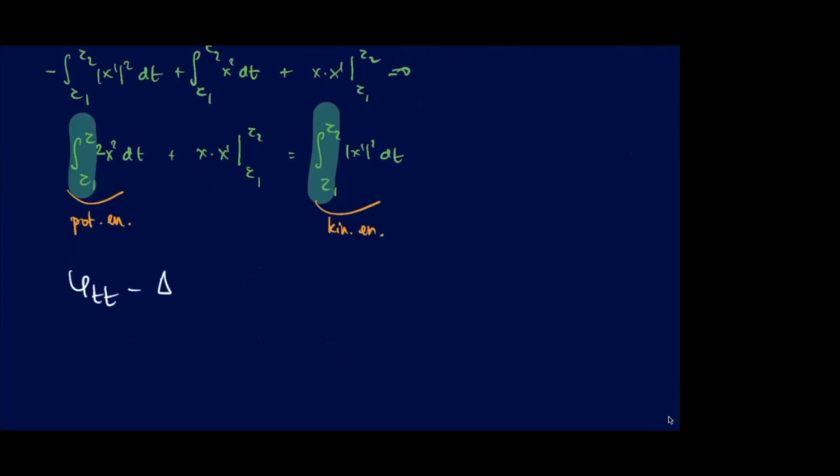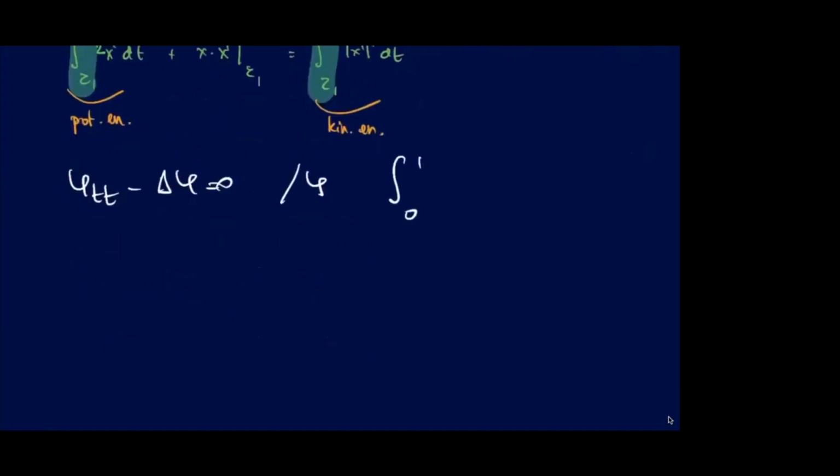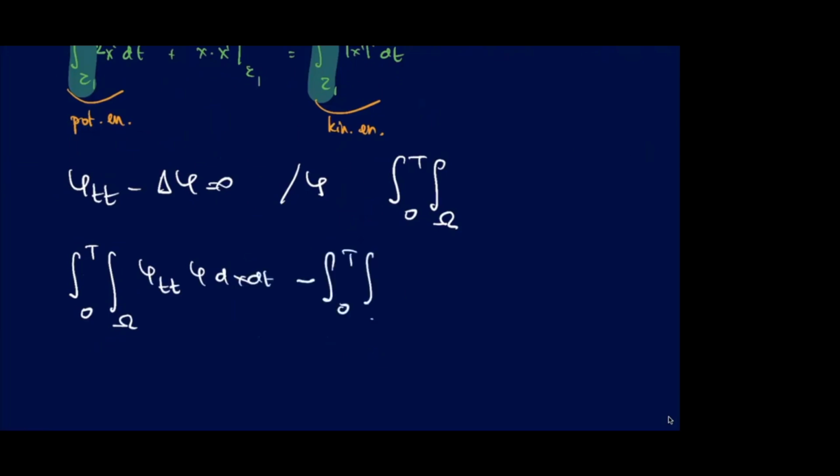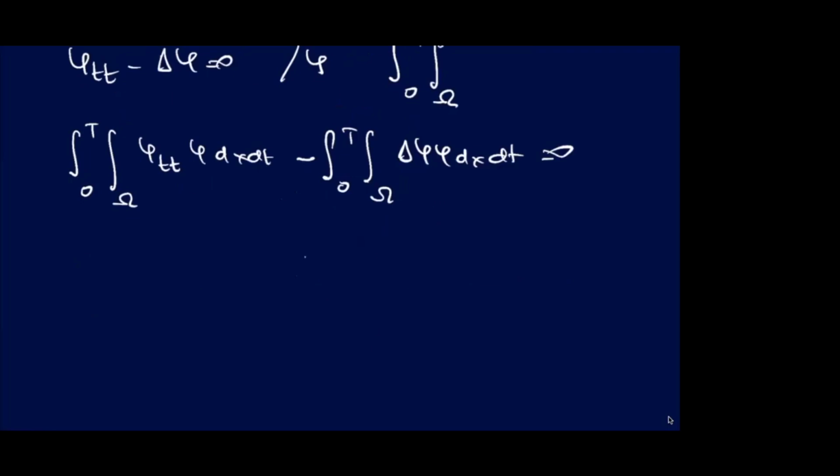Because when I multiply the wave equation by the adjoint, I multiply by phi, and now I take the scalar product. In this case, this means integrating in time and space. Then what I get is this, equal to 0. When I integrate by parts here, I simply get the gradient of phi squared dx dt, right?